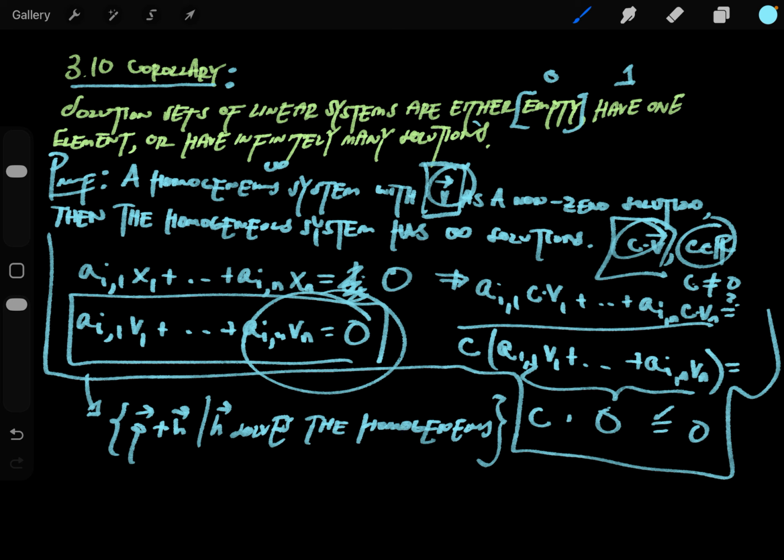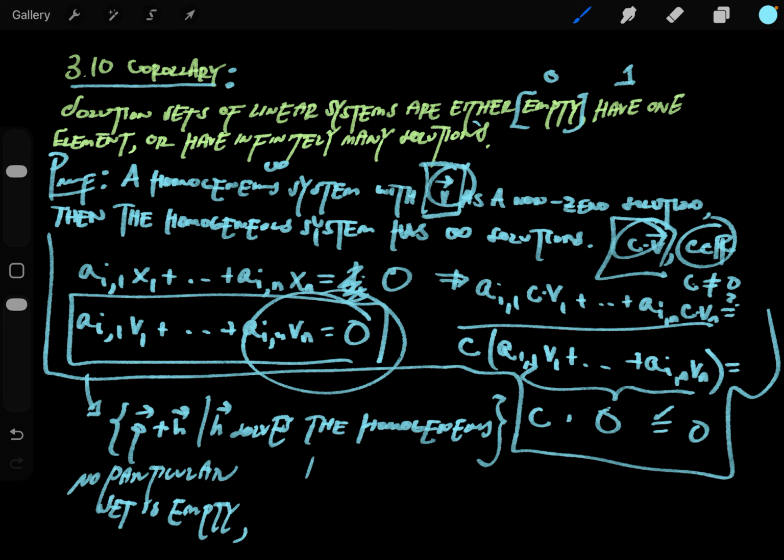So what are the cases? If there's no particular solution, then the set is empty. Okay, now let's say there is a particular solution. Well, the homogeneous system can only have one or infinite solutions.